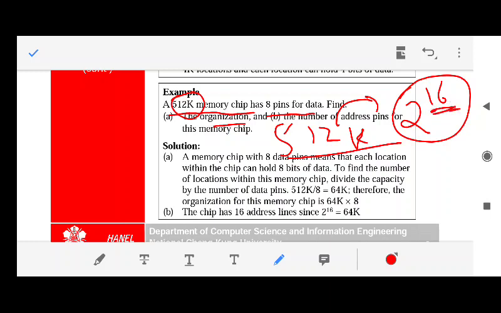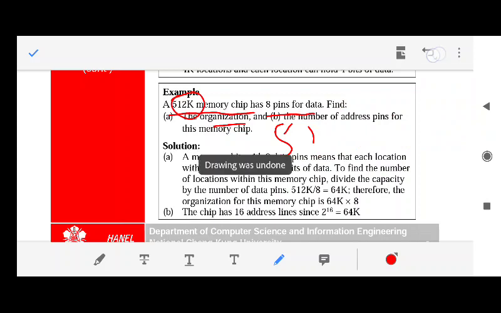So there are 16 address lines, and there are 2 to the power 16 memory spaces, first, second, third till 2 to the power 16, and each memory location is of what size? It's already given that it is 8 pins of data. So that means each is 8 bit. So we can write this memory, please listen carefully. We can write this kind of memory in two ways. We can write it like this: 512 kilobytes of memory.